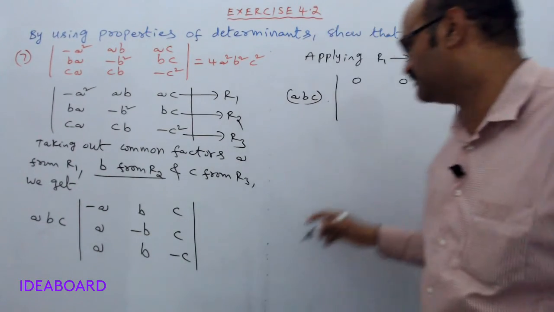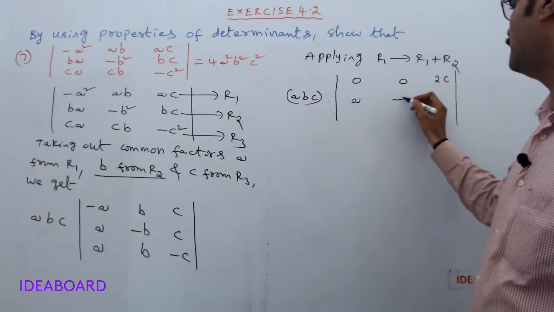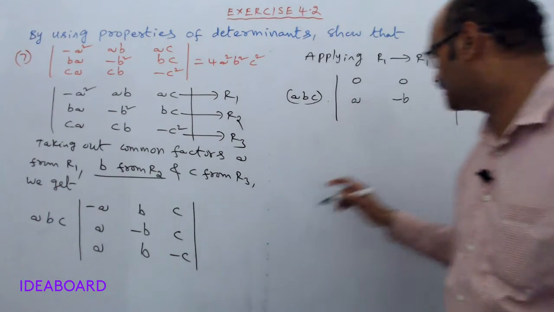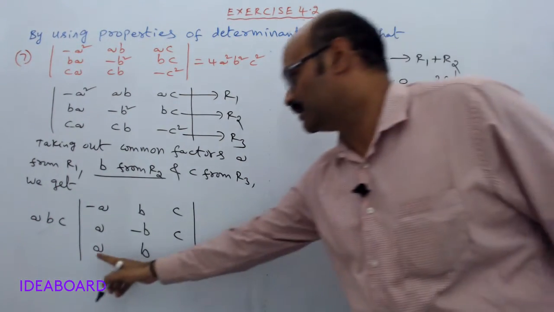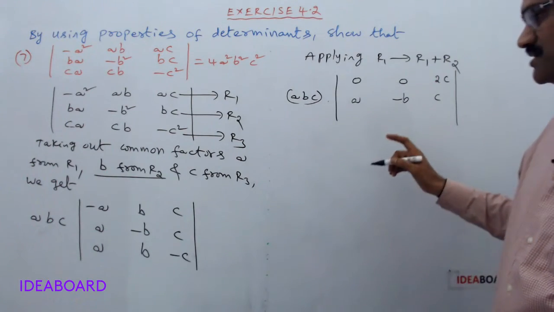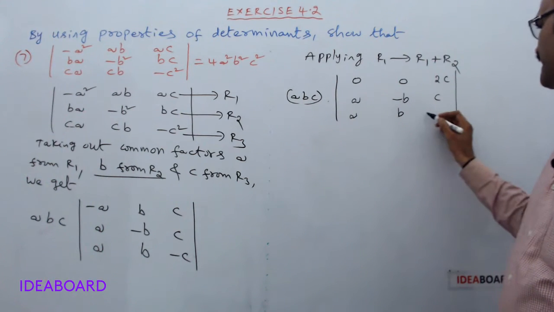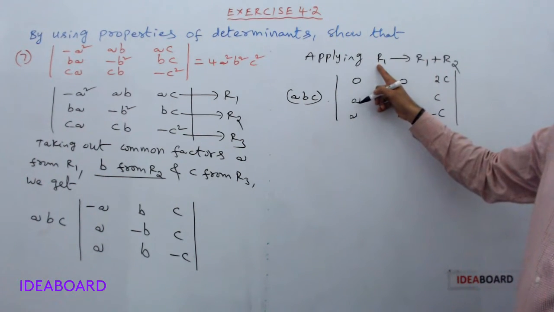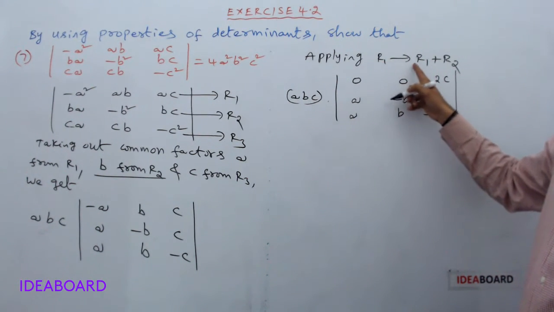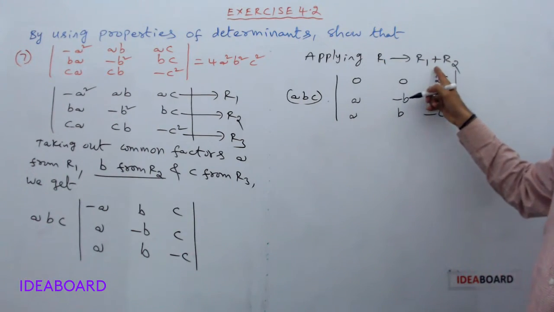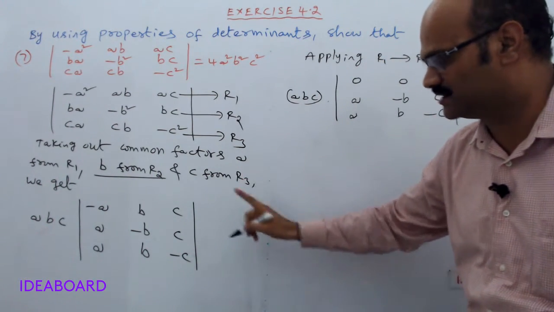So R2 is same: a, minus b, c. No change in R3: a, b, minus c. Here we have applied the operation only to R1, so R2 and R3 are not changing.